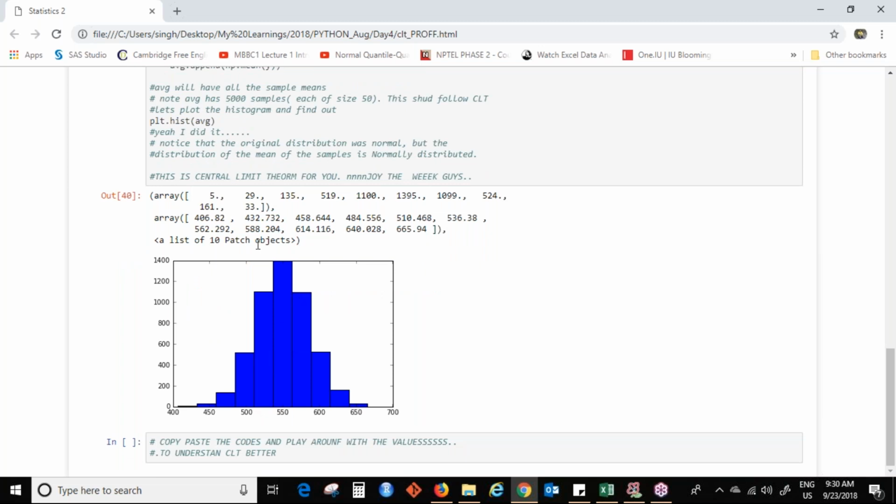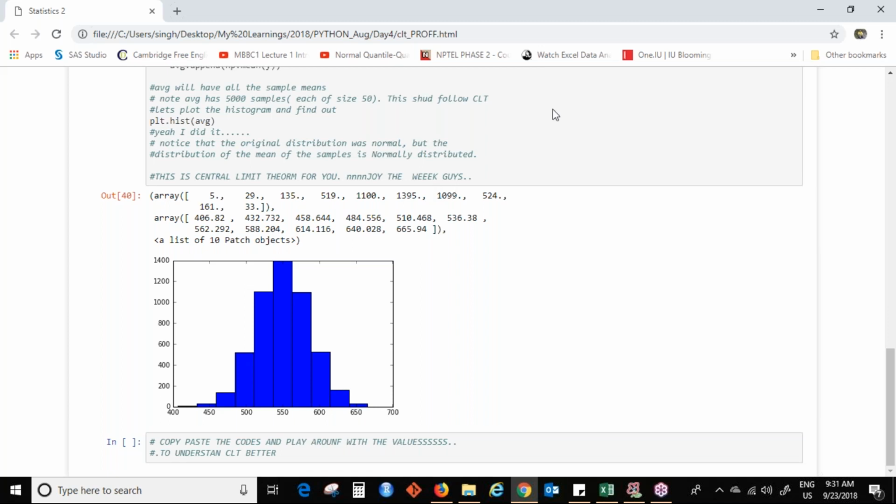It tells you that if you take a large number of samples from a population, whatever the distribution of the population, the average of the samples or the sum of the samples, here I have shown it for the average, even if you had taken the sum, both would look like a normal distribution irrespective of the population.